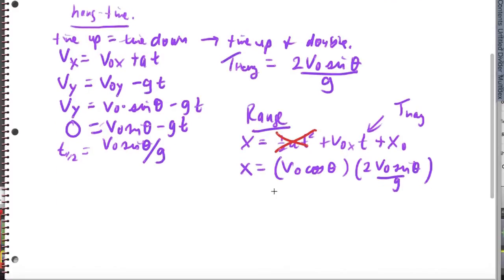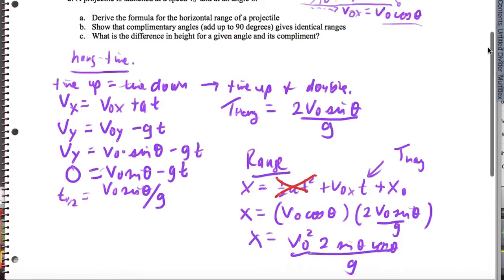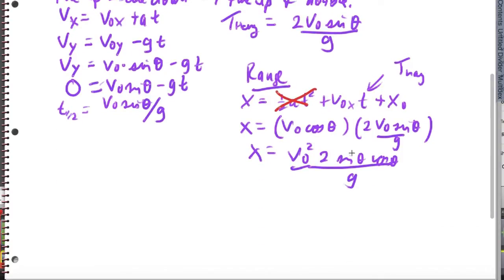And so when we simplify this, x is going to be v0 squared 2 sine theta cosine theta divided by g. Okay? And I wanted to show that the complementary angles give identical ranges. So check this out. The range formula, I'm not going to write it using the double angle formula.